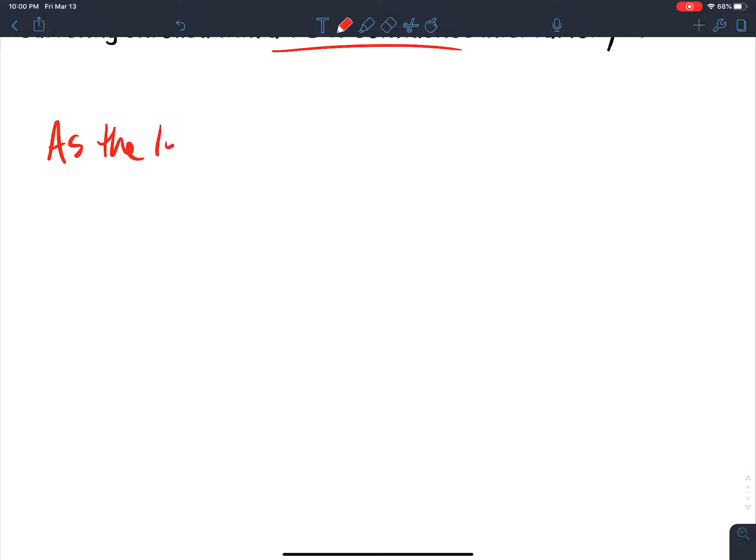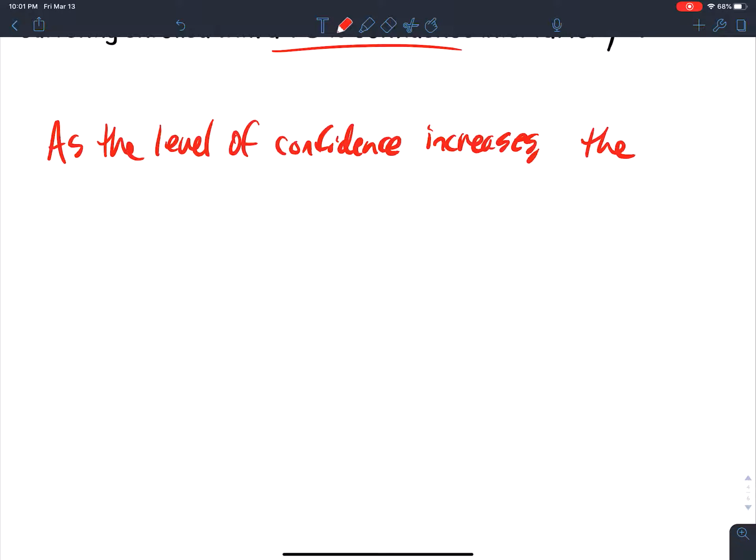As the level of confidence increases, the confidence interval widens. Okay? So as the level of confidence increases, the confidence interval widens.